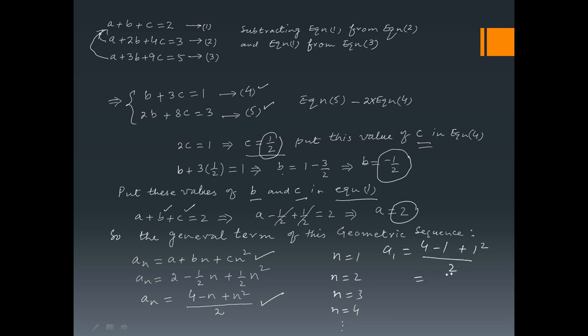The answer is 3 plus 1, 4 by 2, which is 2. So first term. Now second term, n is equal to 2. So 4 minus 2 plus 2 square divided by 2. So 2 plus 4, 6 divided by 2 is 3. So second term. And if we are finding the third term, we will be getting the next term.